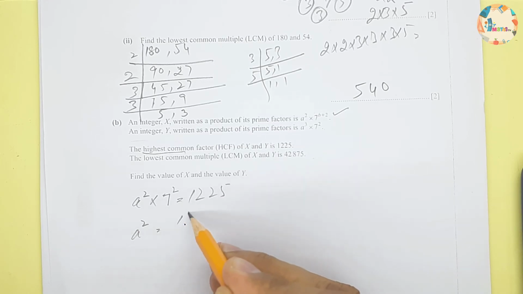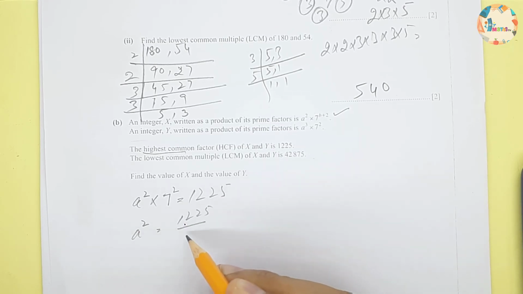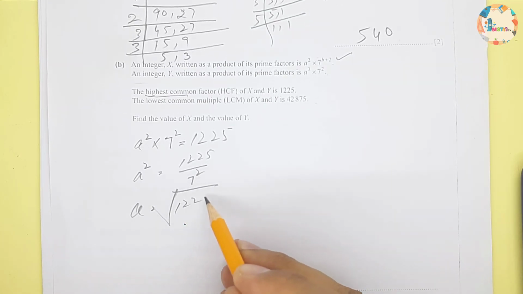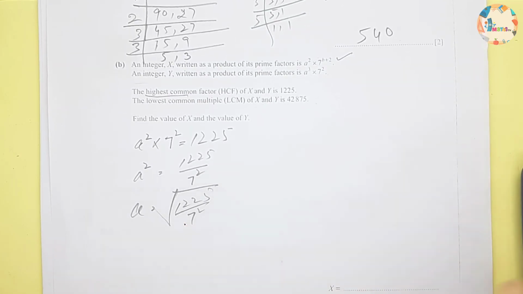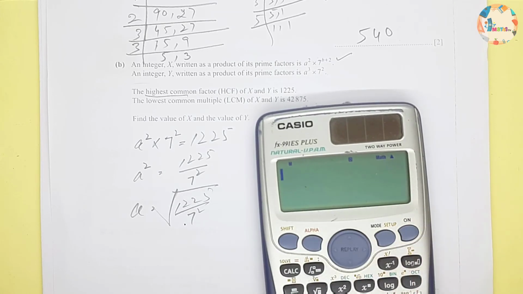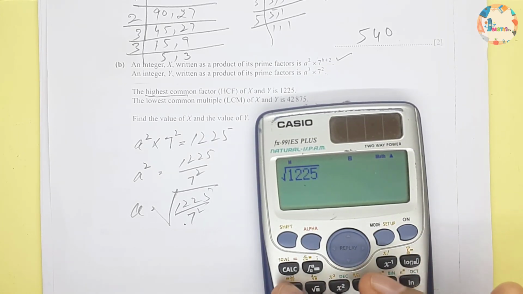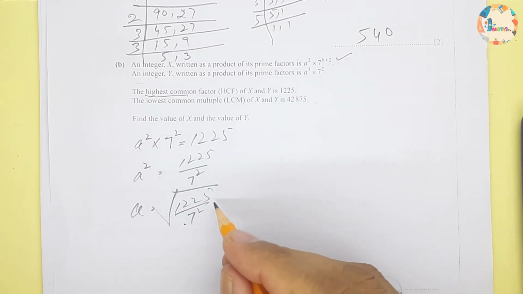This will be equal to 1225 divided by 7 square, and we can take a as the under root of this value, which is 1225 divided by 7 square, and if we calculate, a value which is under root of 1225 over 7 square will be equal to 5. So a value is 5.